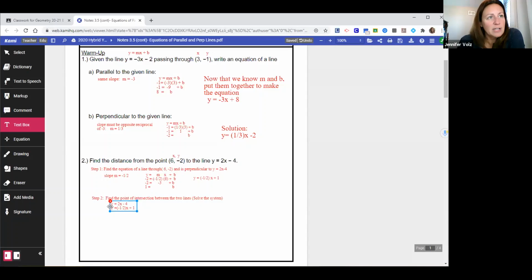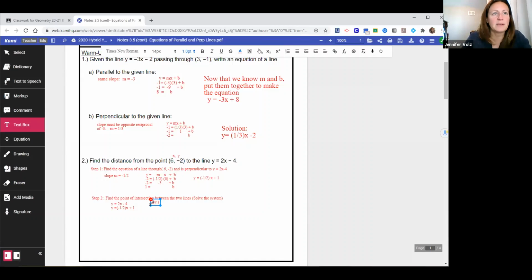Whenever I have a system like this where both equations are in slope-intercept form, I pretty much choose either substitution or graphing for solving the system. I don't feel like pulling up a graph. Maybe, you know what, graphing would be quicker than solving it algebraically. You could solve this by substitution. I'll just show the substitution method.